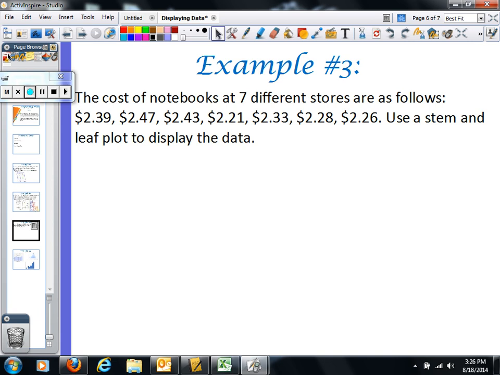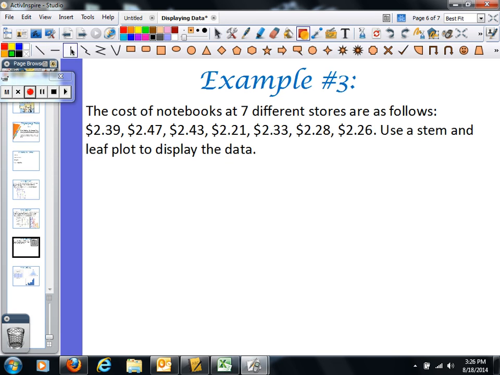Now, with a stem and leaf plot, these are a little bit different, but yet still not all that difficult to do. A stem and leaf plot is a way for us to break up digits, stuff like that, okay?